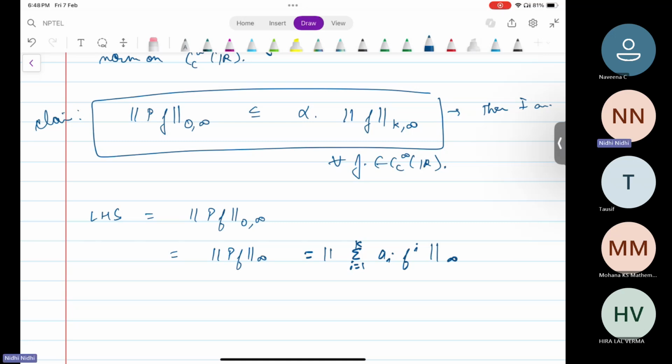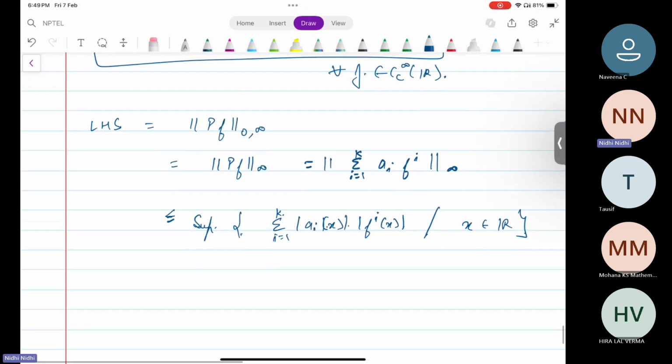So this is basically the supremum over x in R of the modulus of summation i from 1 to k of ai(x) times the ith derivative of f at x. Now clearly this is less than or equal to the supremum of summation i from 1 to k of the supremum norm of ai times the modulus of fi(x).